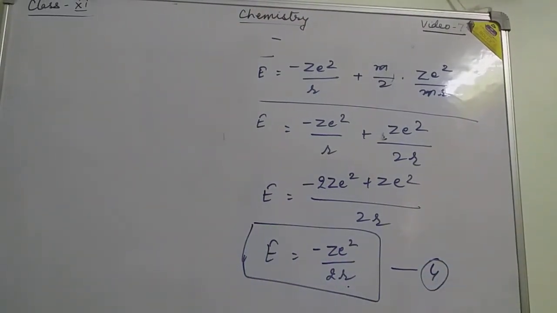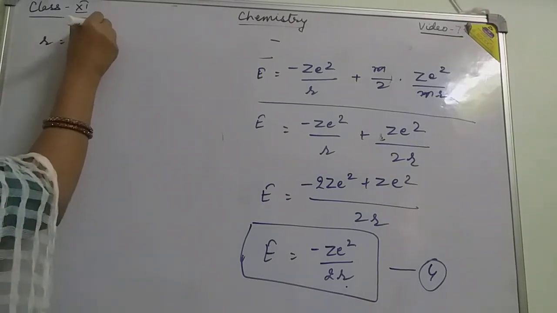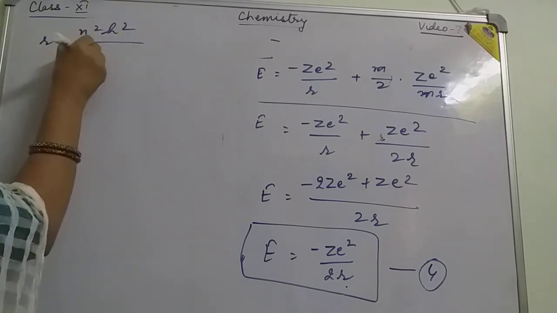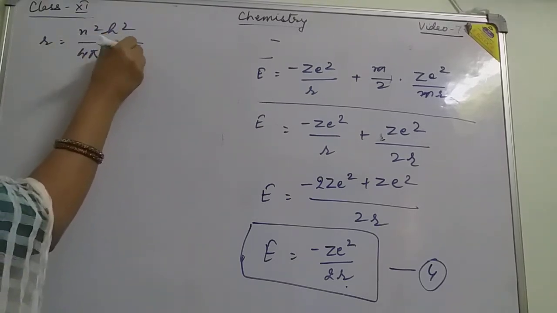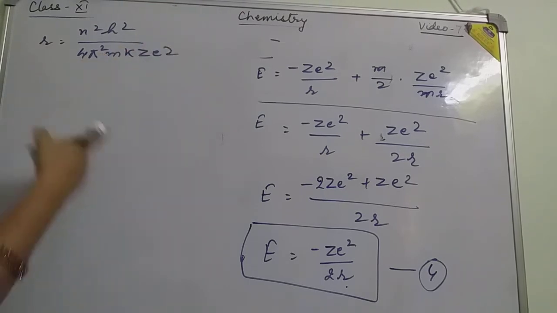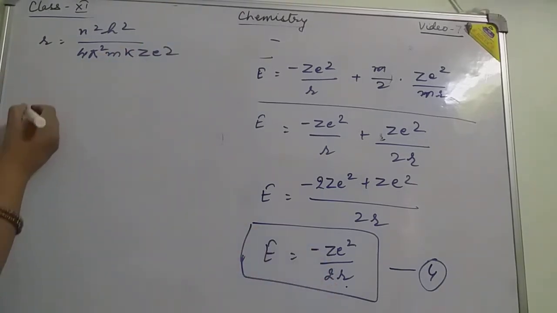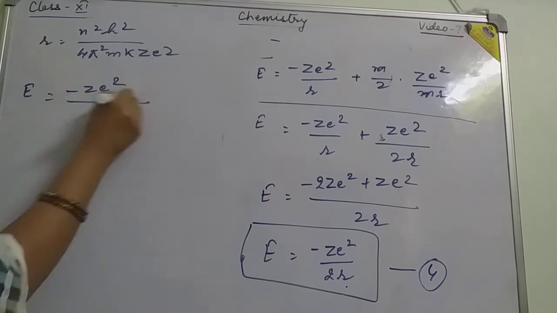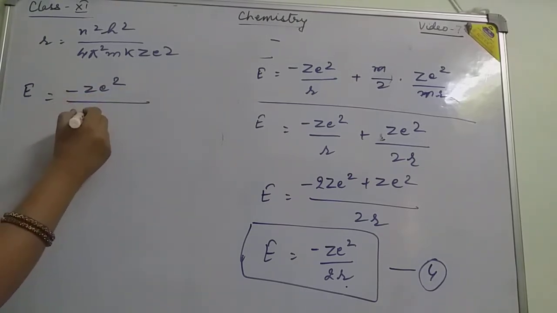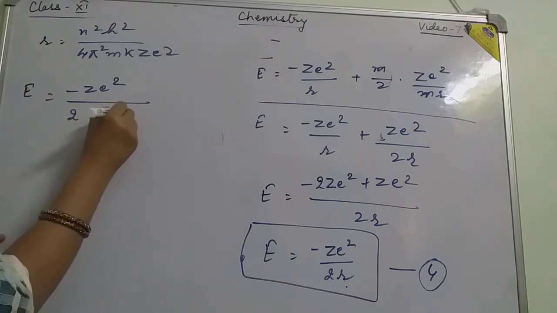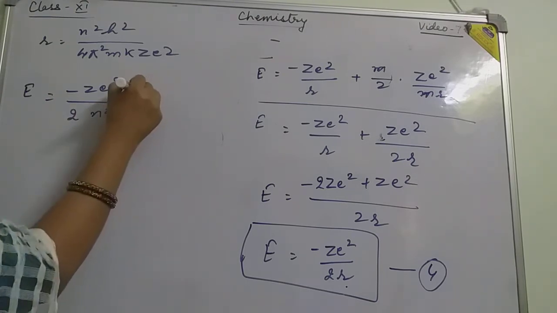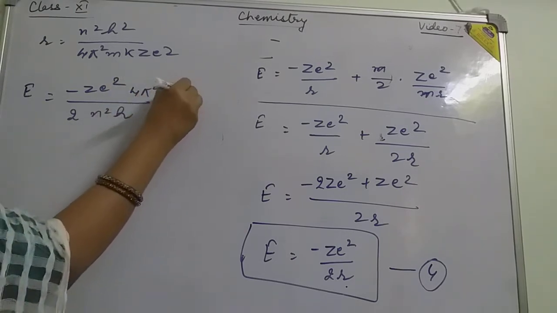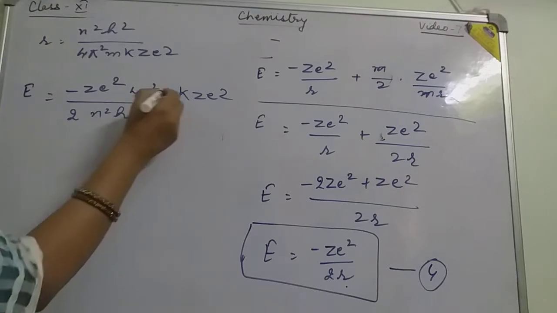Putting the value of r equal to n square h square by 4 pi square m k z e square, E equal to minus Ze square by 2 into n square h square by 4 pi square m k Ze square. Calculate now.